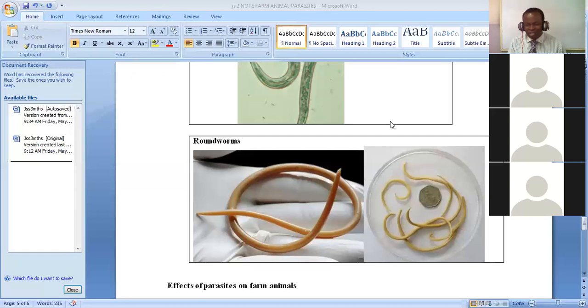Just let me finish, please. So that human being can also get those eggs and they develop inside the human being. They can be passed from the dam, that's the mother, to the young one.